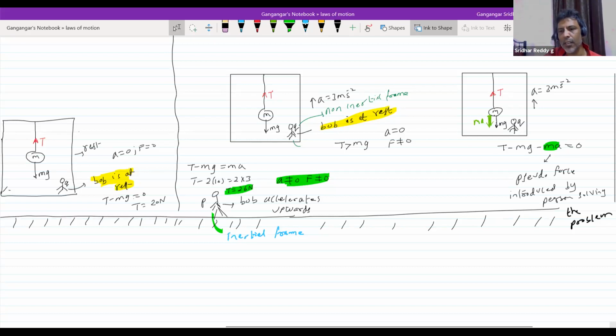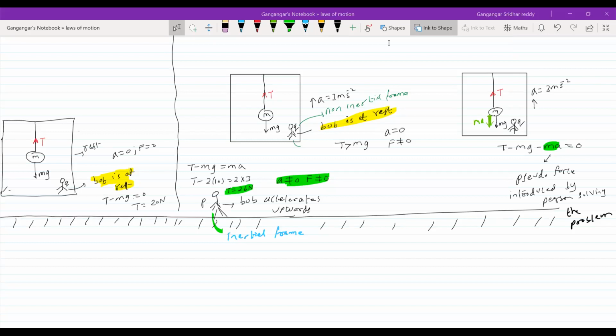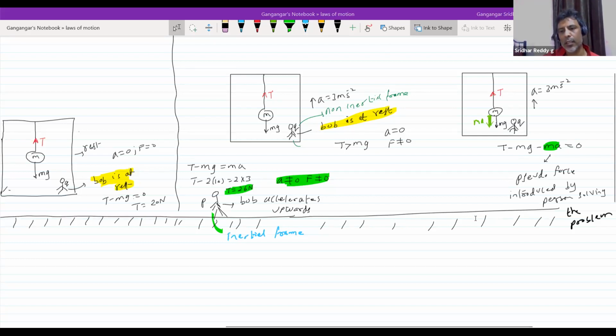You have to see how you work it out. Both the persons will measure the same tension because we do have an instrument. That instrument will definitely tell us what the tension is. Both the persons will measure the same tension. Okay, let me take you to the numericals.